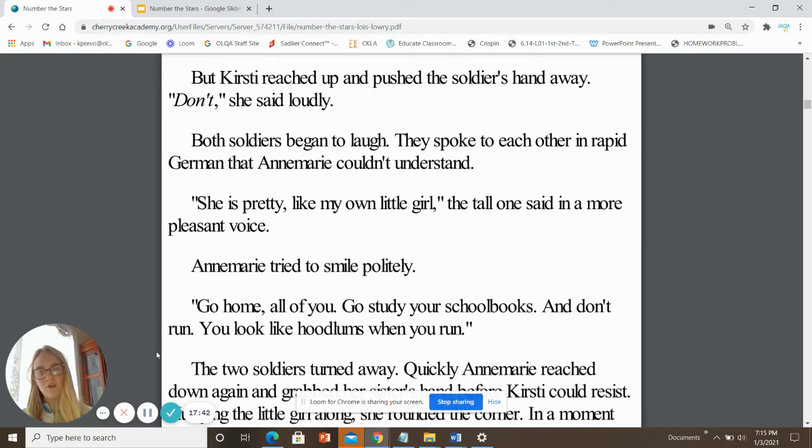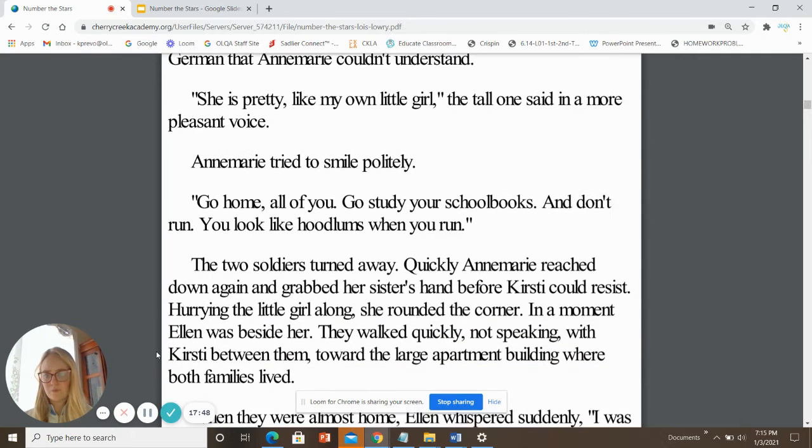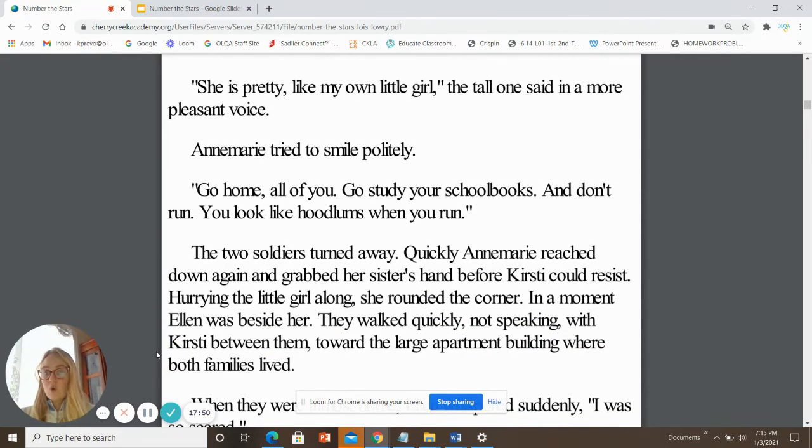Go home, all of you. Go study your school books and don't run. You look like hoodlums when you run. The two soldiers turned away. Quickly, Anne-Marie reached down and grabbed her sister's hand before Kirsty could resist. Hurrying the little girl along, she rounded the corner. In a moment, Ellen was beside her.